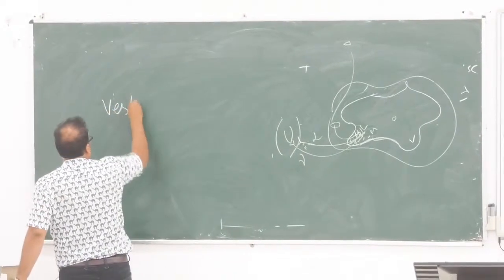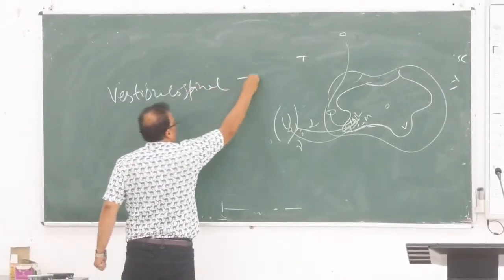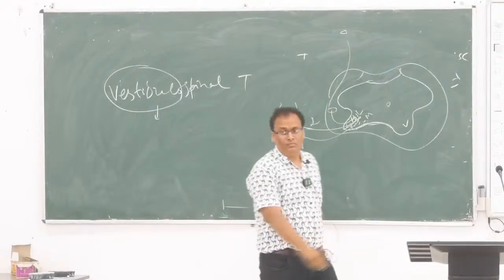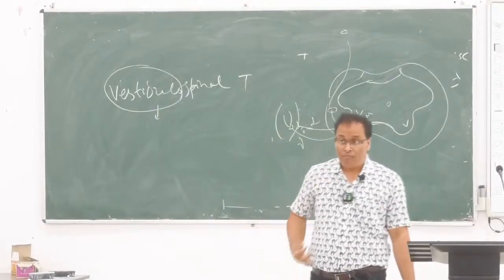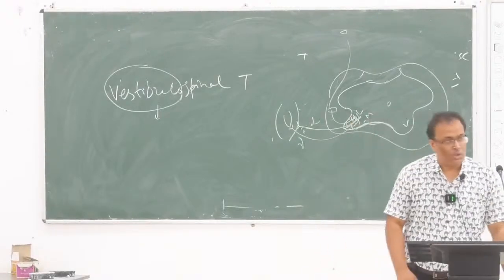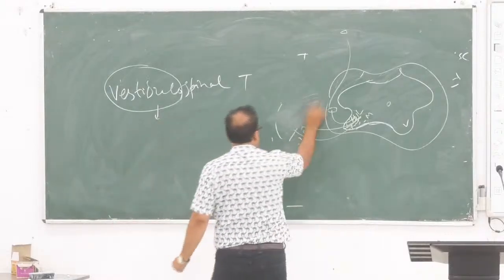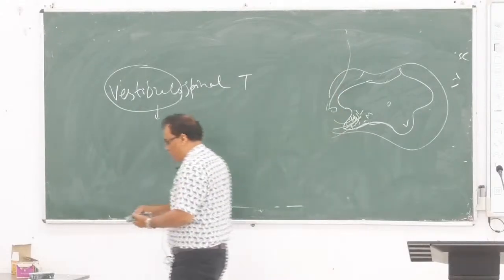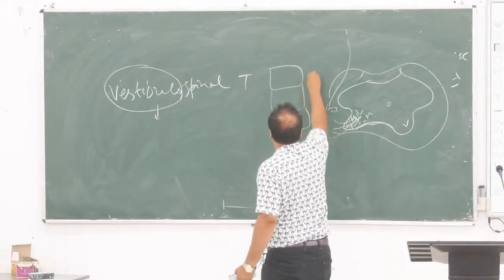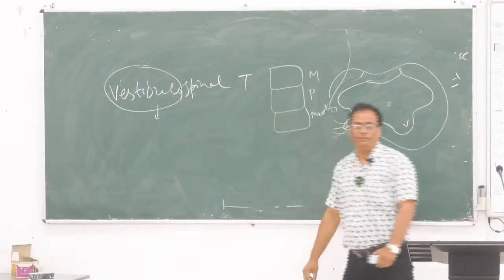Vestibulospinal tract. Is a vestibulo means its origination from nuclei of কোথায় থাকে মেডালা, তাই তো কি? হ্যাঁ মেডালা থাকে। তাহলে যদি আমি একটা ব্রেন স্টেম আঁকি, মিড ব্রেন পন্স অ্যান্ড মেডালা, midbrain, pons and the medulla is there.